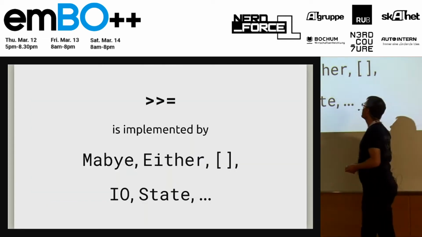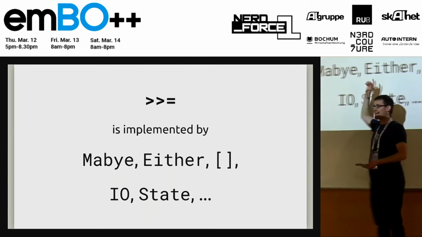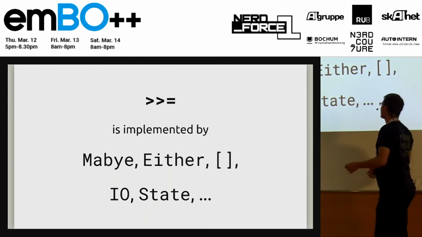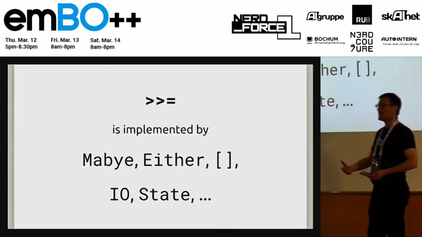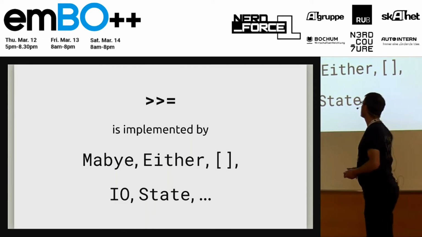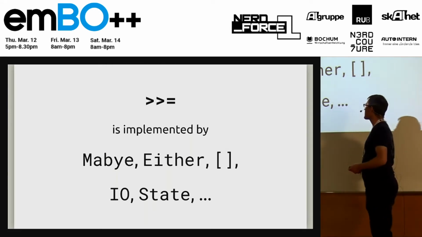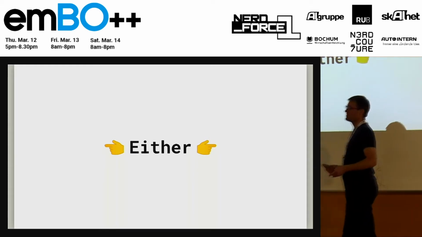And now this bind operator is implemented by a lot of classes or abstract data types in Haskell. So this is a very fundamental concept, and a lot of types implement it. We are going to have a look at another one, which is called Either.